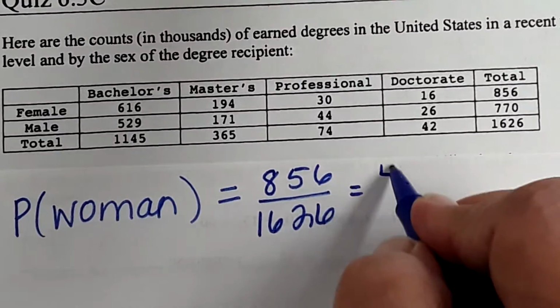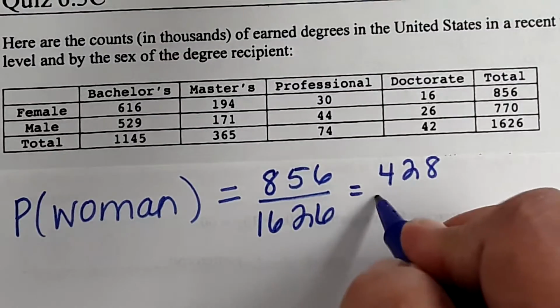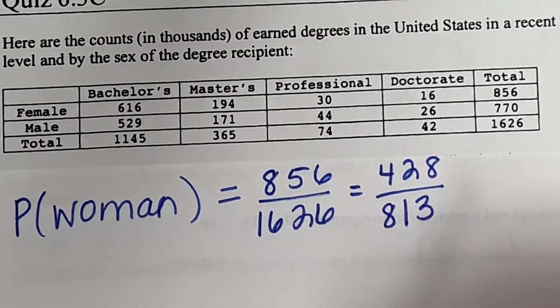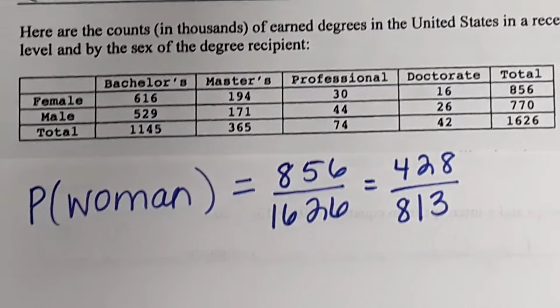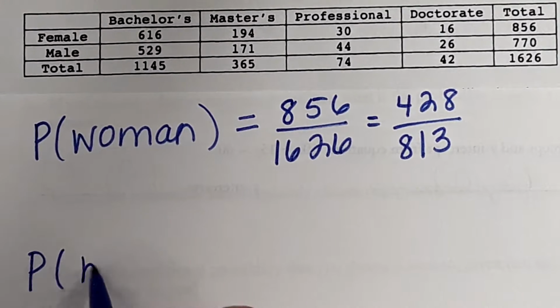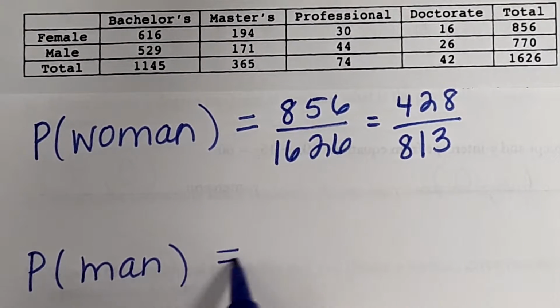I think I got 428 over 813. Okay. What is the probability that you'll choose a man?